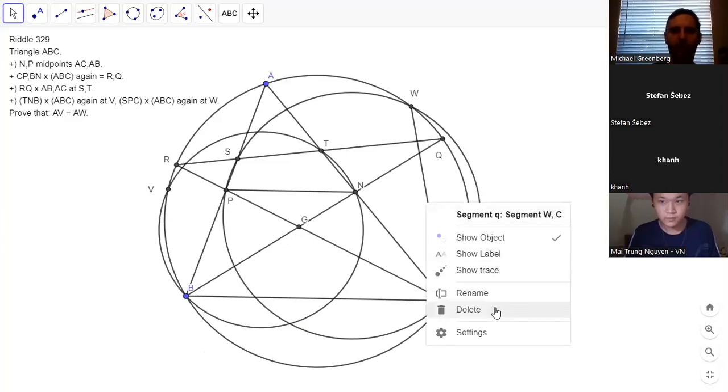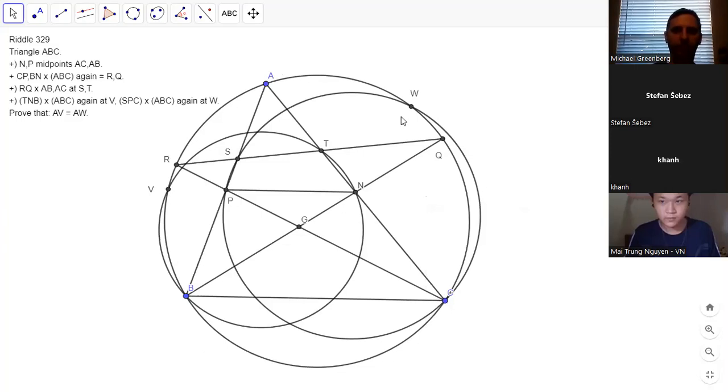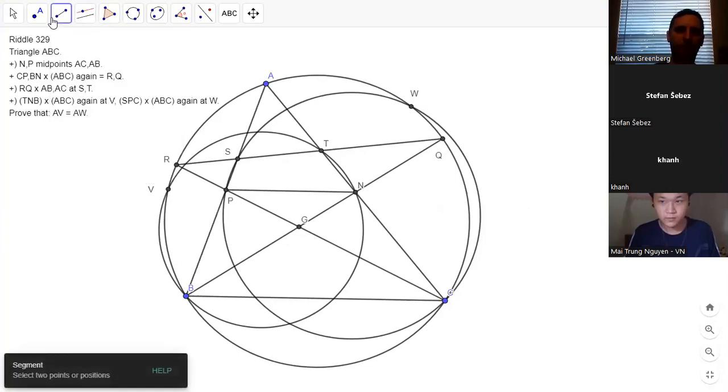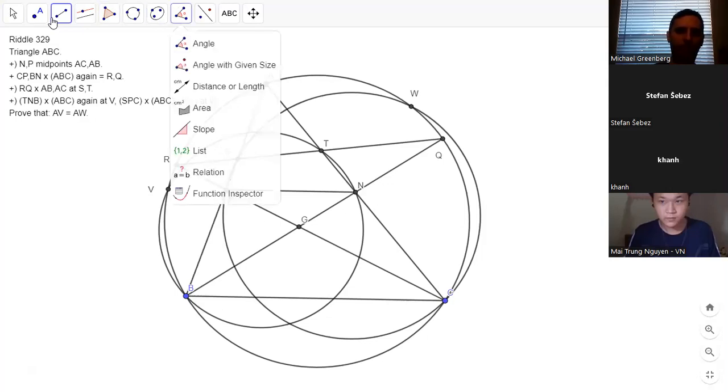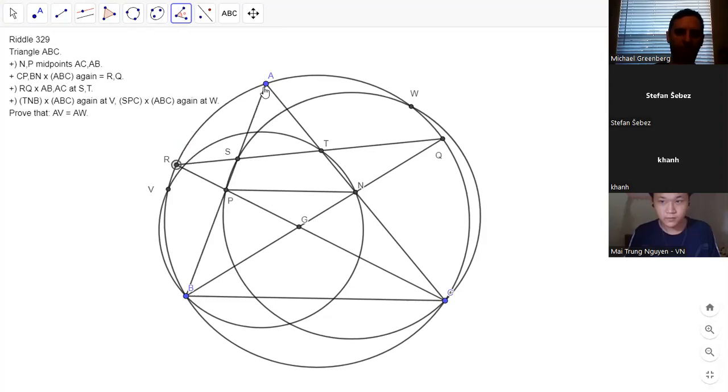We could also show that ARV and AWQ are equal. I think so, or I think we can. Oh, actually, no, that's not equivalent. Oh yeah, it is. So ARV and AWQ, could those be similar? Let's see. Oops. I don't think they are. No.